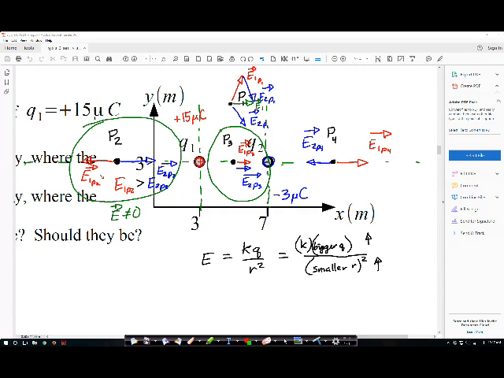Because the red component is always going to be bigger than the blue component because we're closer to the stronger charge, which means then that the electric field can only be 0 somewhere to the right of Q2.